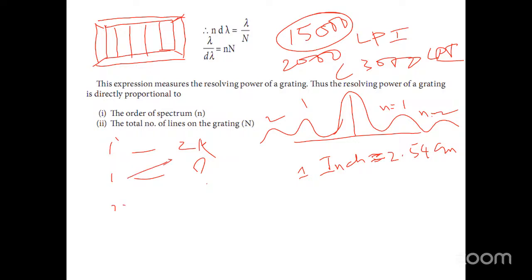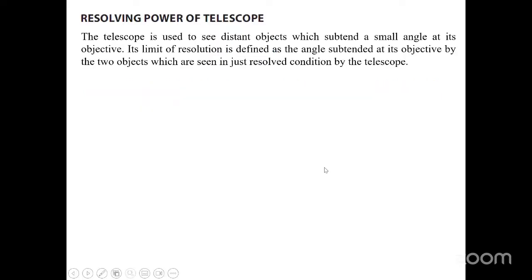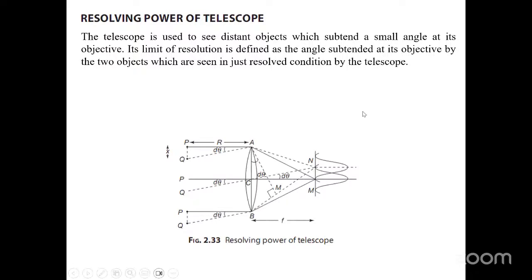If you divide, you get how many lines are present on the grating element per 1 centimeter. That is needed while you are performing an experiment. You need to have these many lines on the grating. Next, resolving power of a telescope. This is also 1 minute.